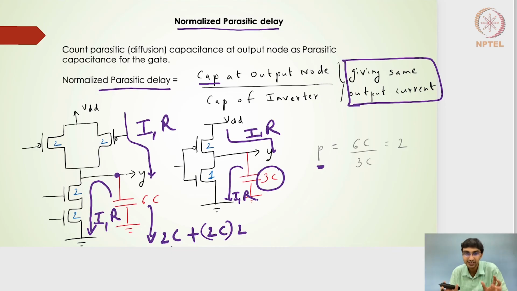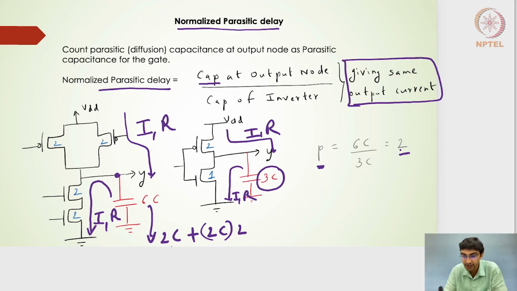So once I have the same output current, I can take the ratio of the capacitance seen at the output node for that particular gate, with respect to the capacitance at the output node for the benchmark 2:1 inverter. In this case, for a standalone 2-input NAND gate, I will see a 6C capacitance divided by 3C, which is nothing but 2.